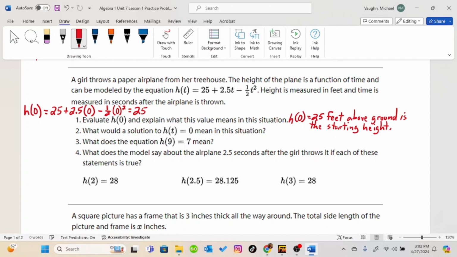So this is the y-intercept, and it tells us the height from which the girl threw the paper airplane from her treehouse.